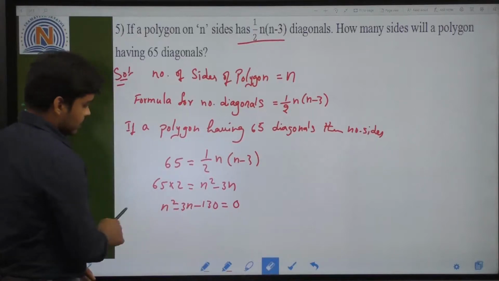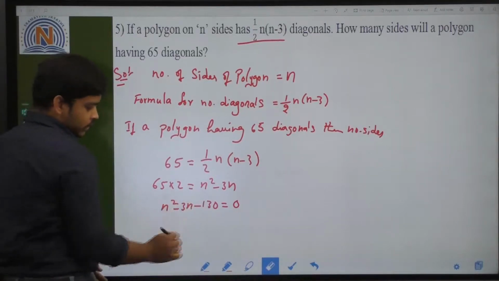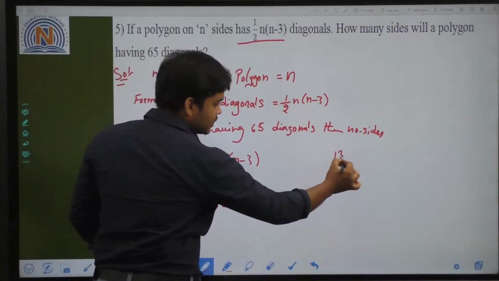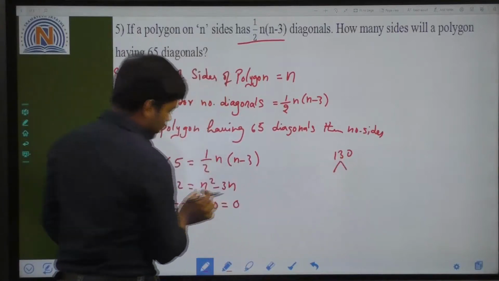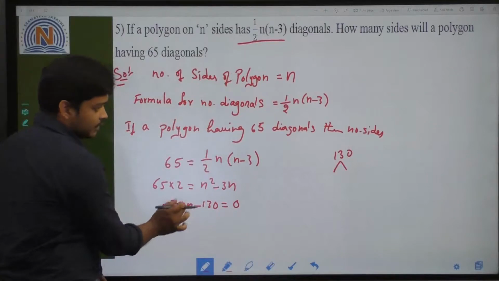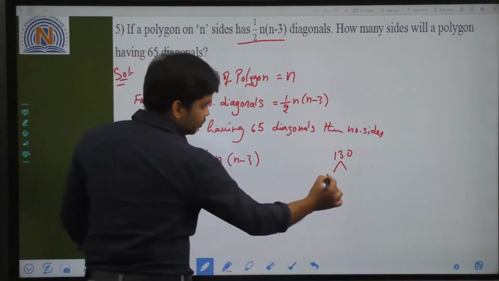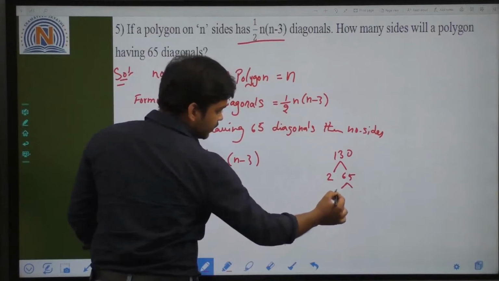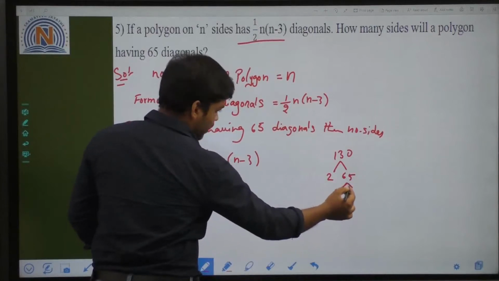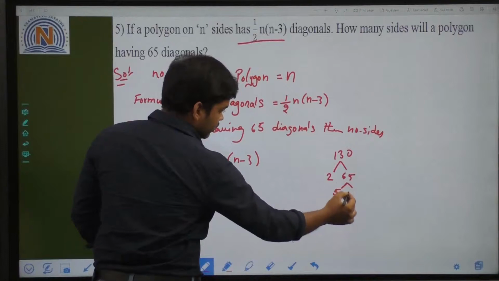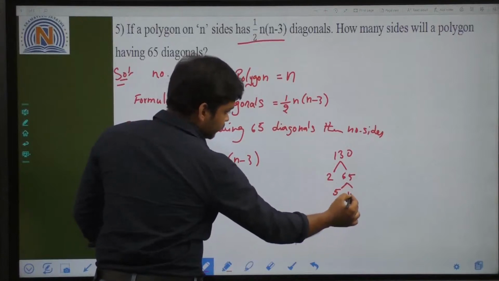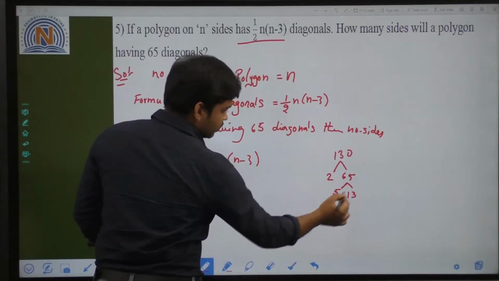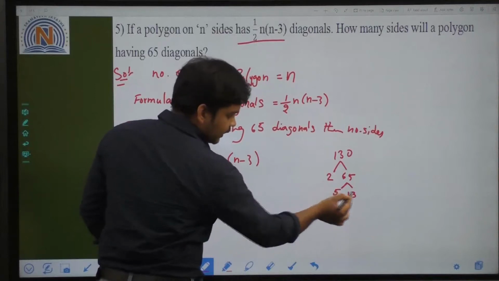See here children, 1 into 130 is 130. This is very easy to calculate if you split the middle term, the linear term. 2 65s, and 5 2 5s are 10 into 13.